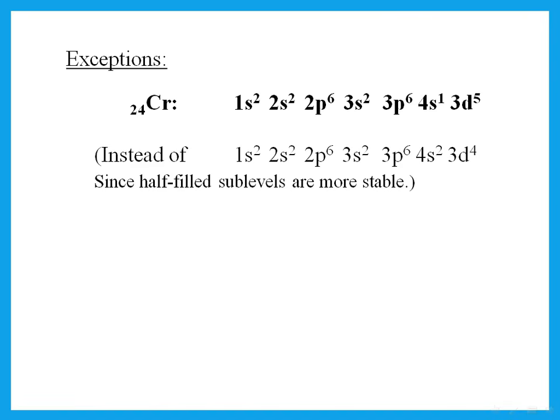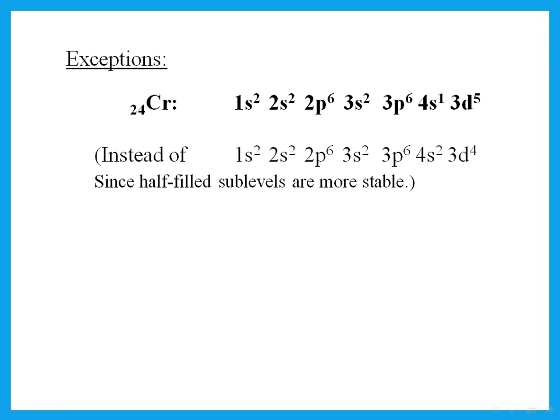Now, exceptions to what we just said. Remember, if I have chromium, chromium has 24 electrons. How am I going to distribute it? We distribute it 1s2, 2s2, 2p6, 3s2, 3p6, then I'm supposed to put 4s2, and then I'm left with 4 electrons, so 3d4.